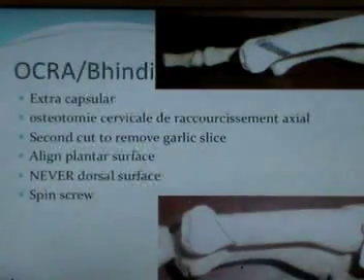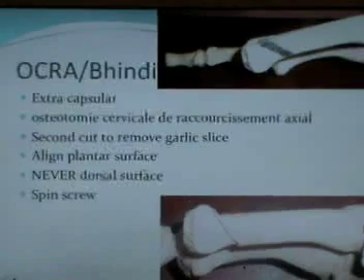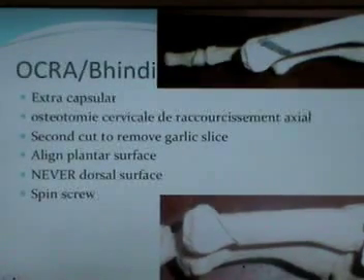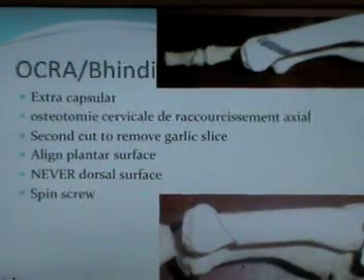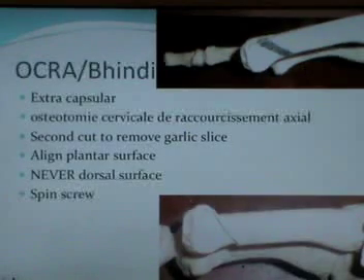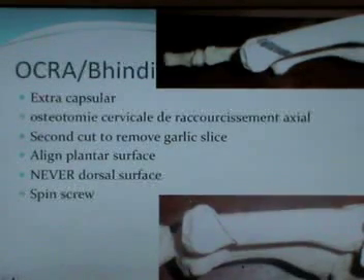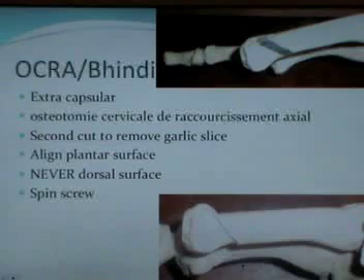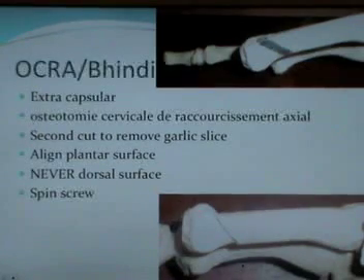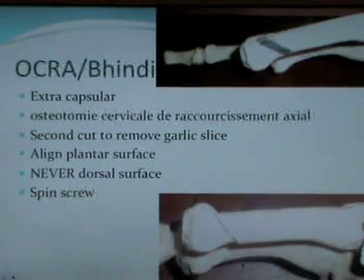Another type of osteotomy is the Isham osteotomy, which is a French name, osteotomie cervicale de raccourcissement axial, and jokingly we call this the Bindi osteotomy. It's an extracapsular osteotomy, and it's obligatory to perform a second cut to remove that garlic slice.